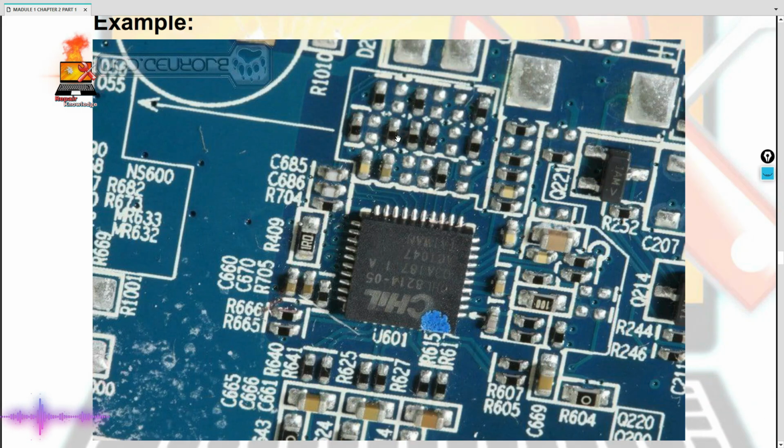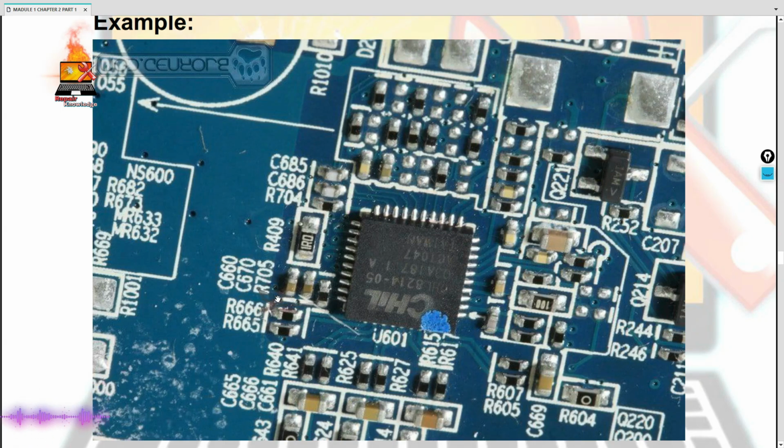Now let's see an example on the board near an IC. See how many resistors are installed. These resistors are so small that there is nothing printed on them. Look at their size, how small they are: silver, black body, silver.